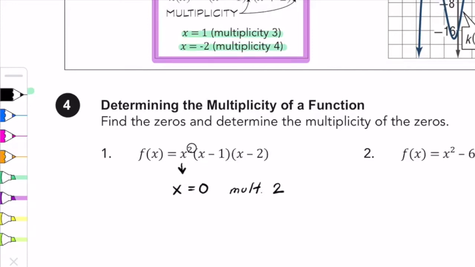This factor, x minus 1, has a 0 at positive 1. This factor only happens once, so the multiplicity is 1. And our last factor has a 0 at positive 2, occurring only once, so the multiplicity is 1.